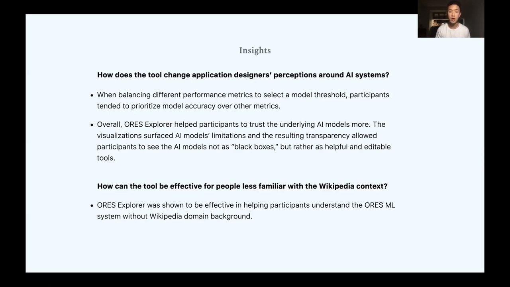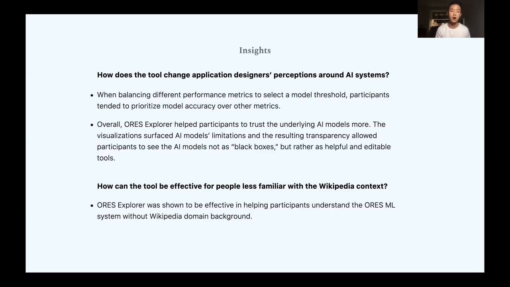Overall, ORES Explorer helped participants to trust the underlying AI systems more. The visualization, because of surfacing AI models' limitations and having more transparency in the system, really allowed participants to see the AI models not as black boxes, but rather as helpful and editable tools.